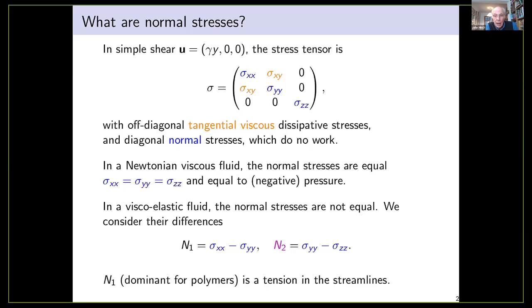So we'll be very much talking about the vorticity direction z in this simple flow in the x direction with a velocity gradient in the y direction.